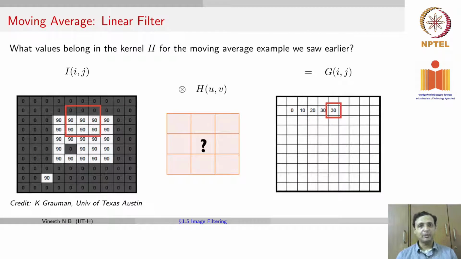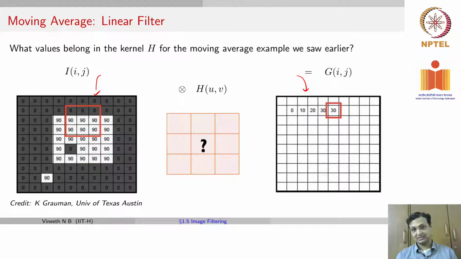Let's see the example of the moving average operation that we saw in the last lecture as a linear filter. So we said that given an image, the moving average filter gives you an estimate by removing certain kinds of noise, where at each location you simply do an average of the local neighborhood in the input image.